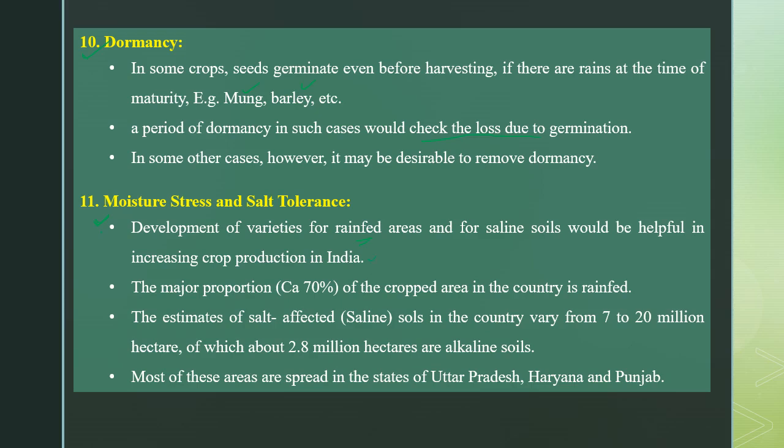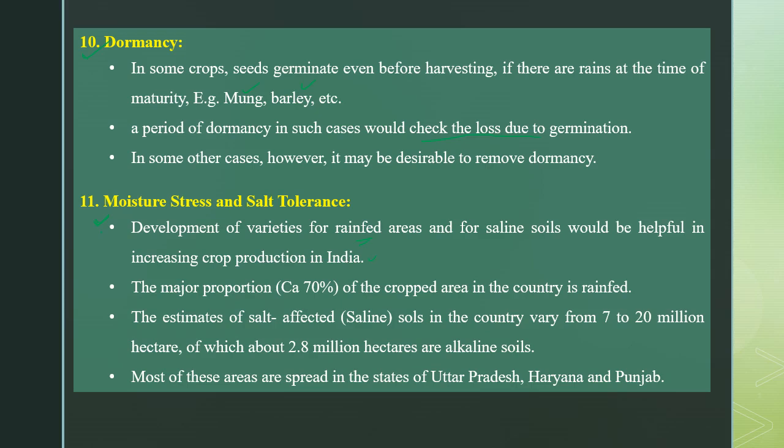Where there is moisture stress or salt conditions, we need some salt-tolerant varieties. And where there is a rain-fed condition, we need varieties that can tolerate submergence, where they can tolerate a high amount of rain.